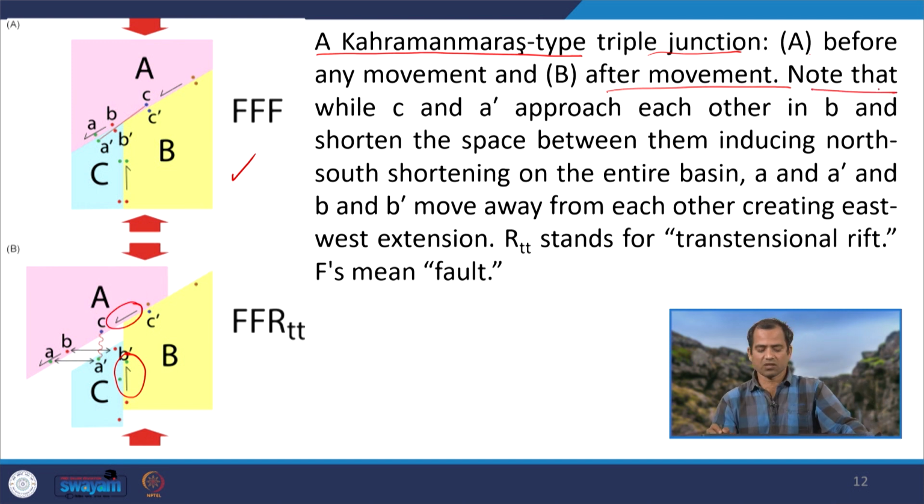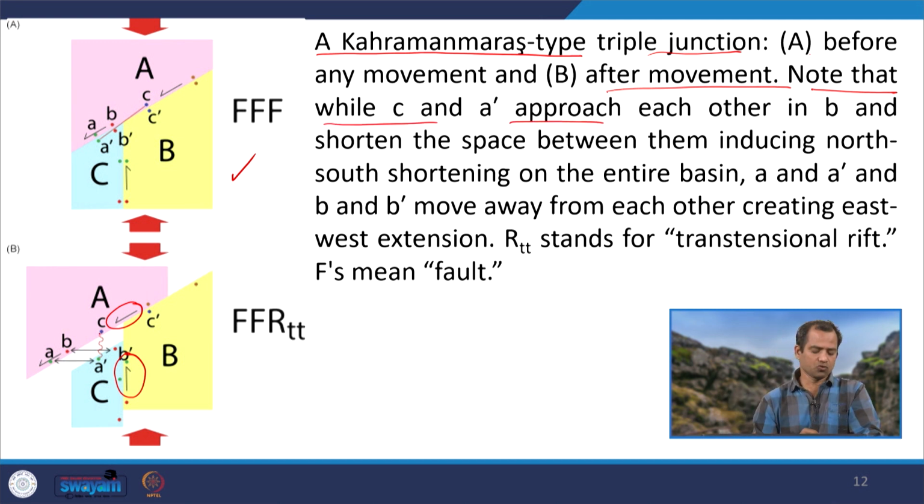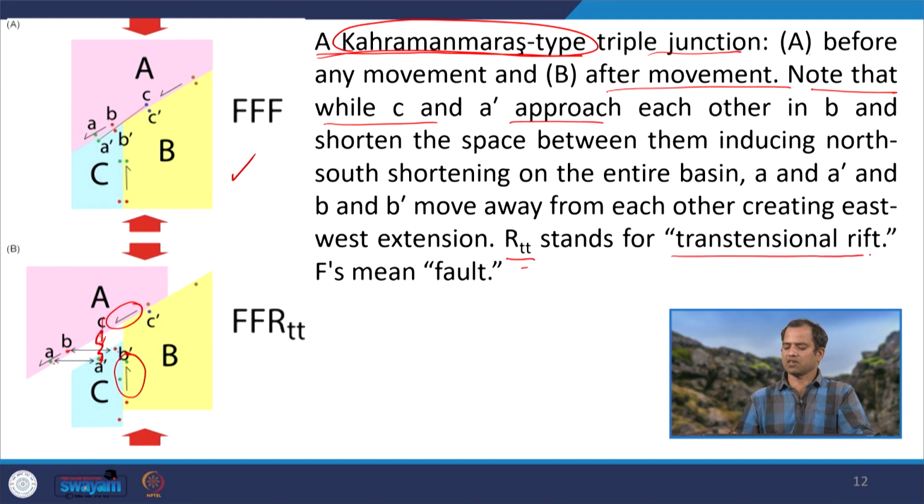So, note that while C and A dash approach towards each other, that means we are compressing the system, but once we compress the system, B and B dash and A dash show this lateral strike slip motion, they are separating laterally. So, this is a special kind of transform fault of this type, and RTF, it is representing the transtensional rift, and F means it is fault.